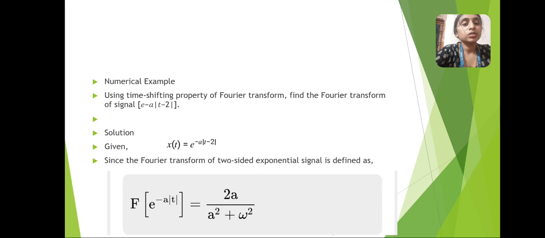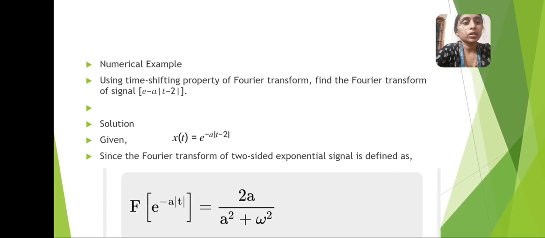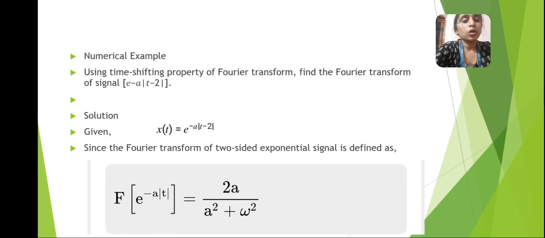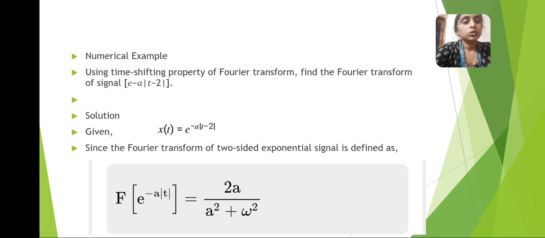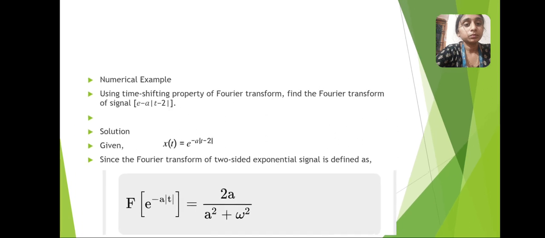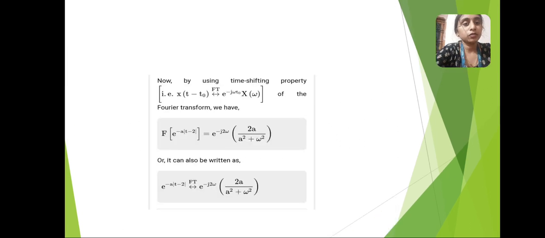Numerical example: using the time shifting property of Fourier transform, find the Fourier transform of e power minus a mod of t minus 2. So the given signal is x of t equals e power minus a into mod of t minus 2. The Fourier transform of the two-sided exponential signal is defined as F of e power minus a mod t equals 2a by a square plus omega square. This is the two-sided exponential formula.